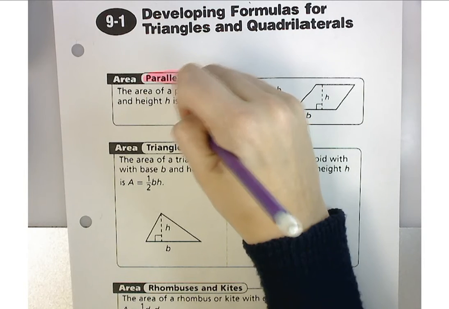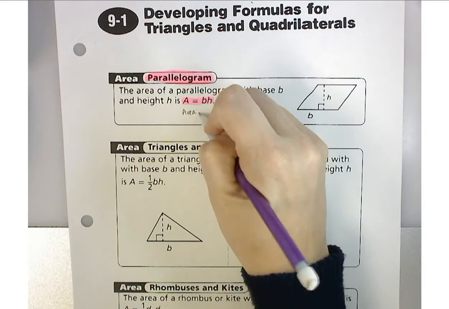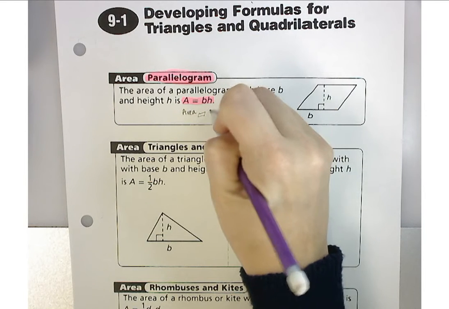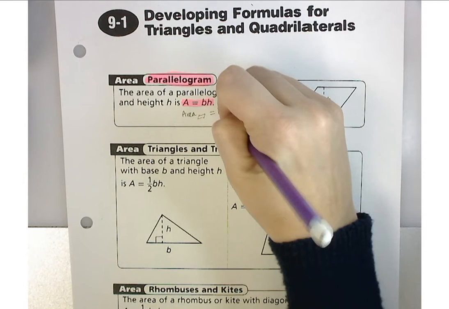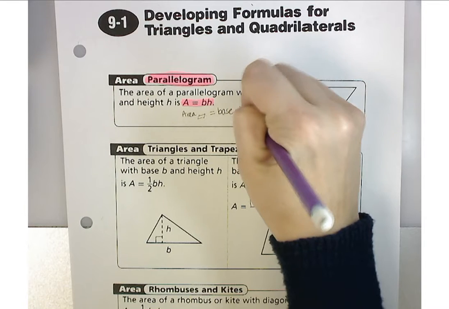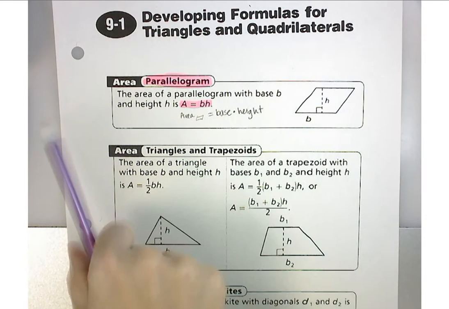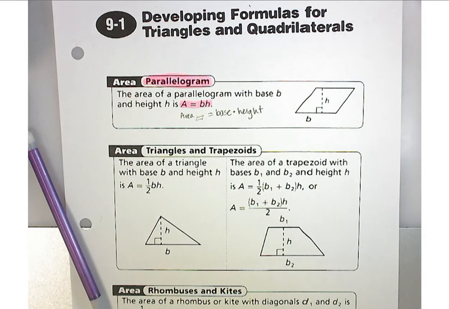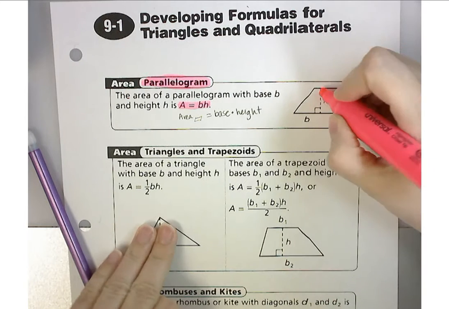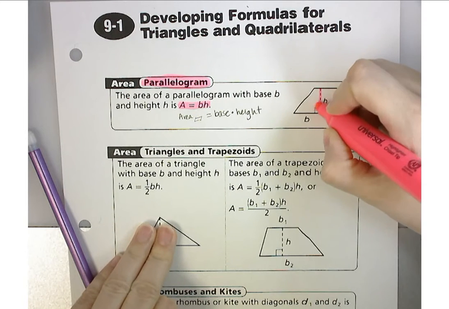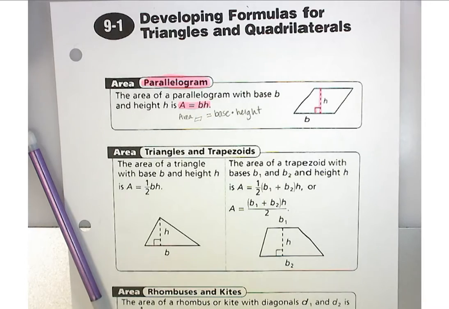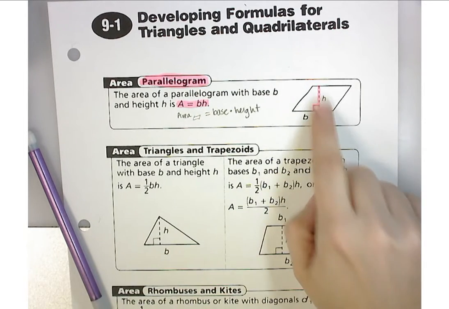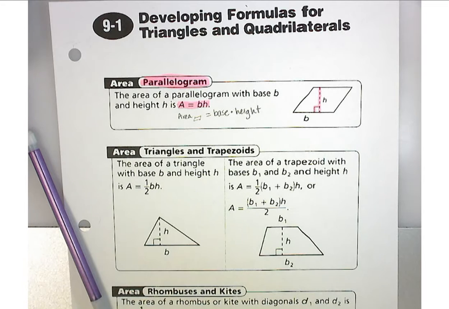So the area of the parallelogram, so we'll do the shape, equals base times height. Now the height is always going to form that 90-degree angle, and then you're always going to have your base from that as well.